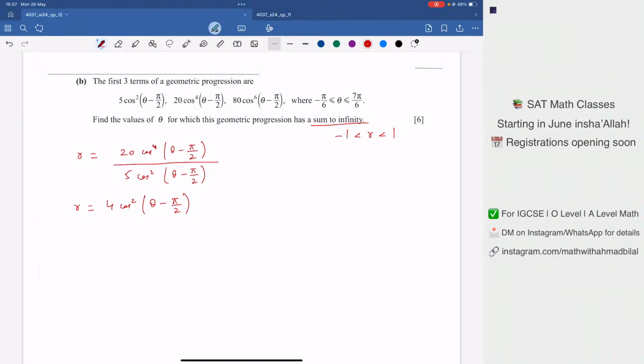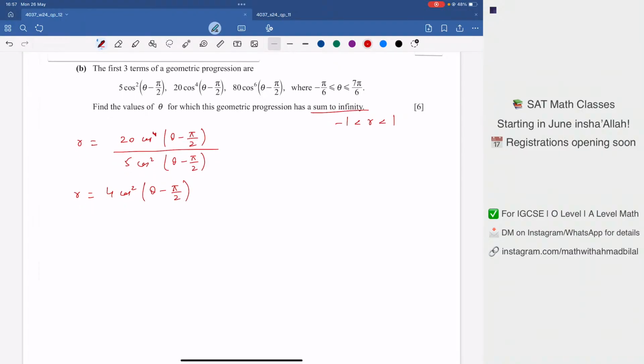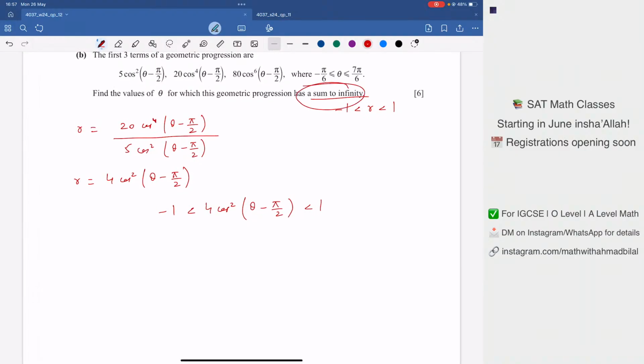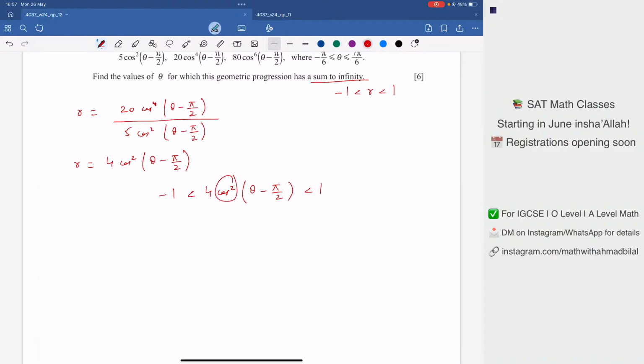Okay. Now this ratio has to be between minus 1 and 1. All right. So the ratio, 4 cos square of theta minus pi over 2, is supposed to be between minus 1 and plus 1 for the sum to infinity to exist. All right. Now, how do we think about this further? It's cos square.